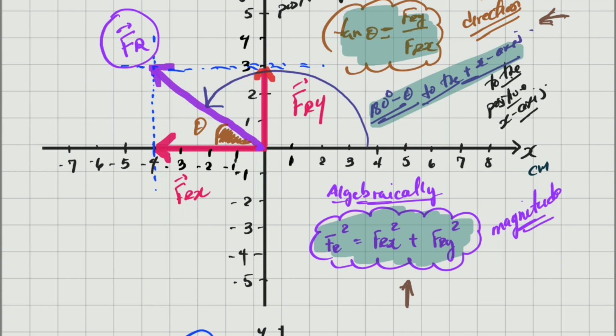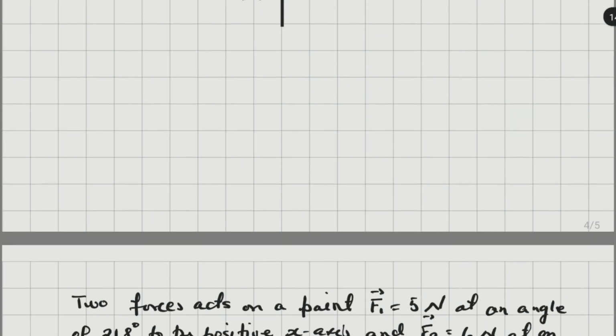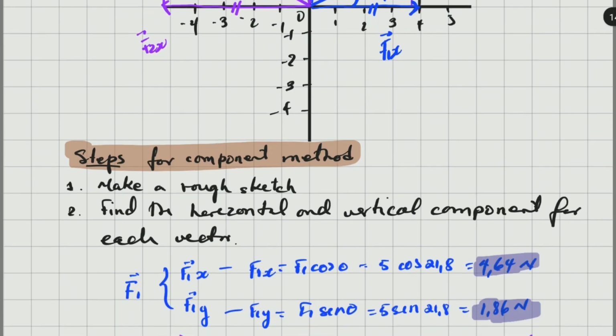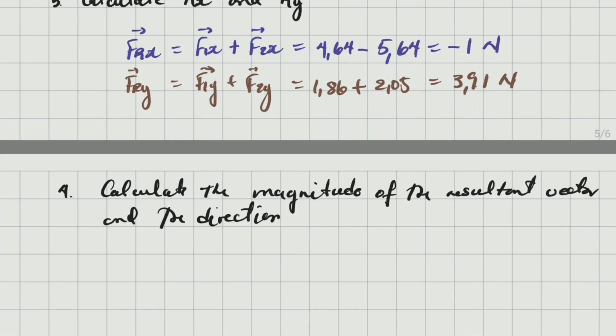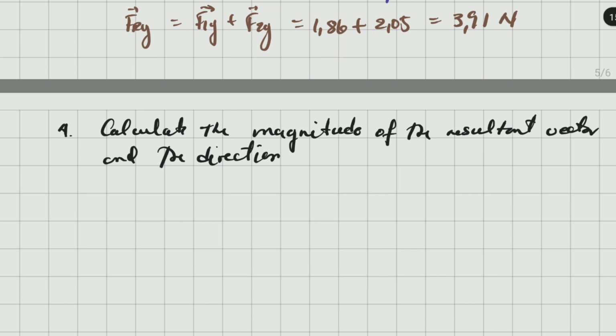Okay. So you know that everything was done in the previous video, and some of it I spoke about just now when we started. So let's go to step 4. Now we are at the last step, which is to calculate the magnitude and the direction of the resultant vector. So how do we calculate the magnitude? As we say, we're going to use the theorem of Pythagoras. So FR squared is equal to FR in x squared plus FR in y squared.